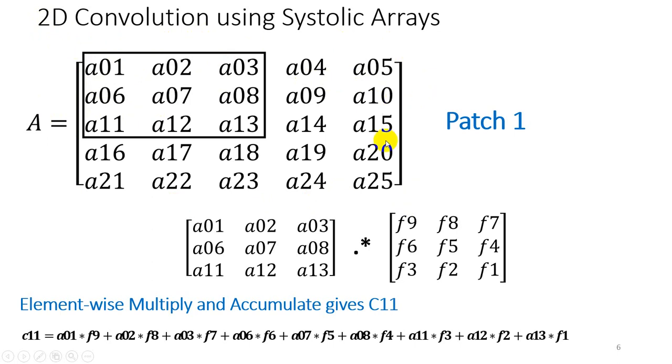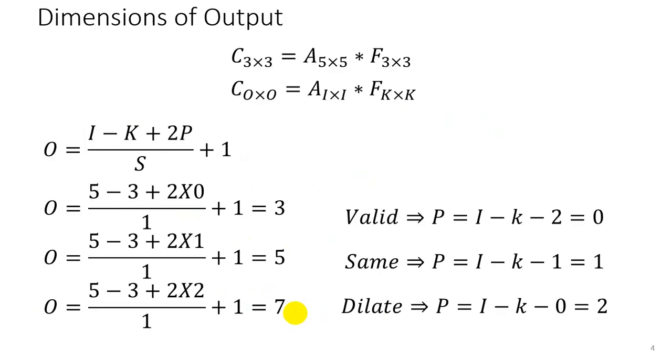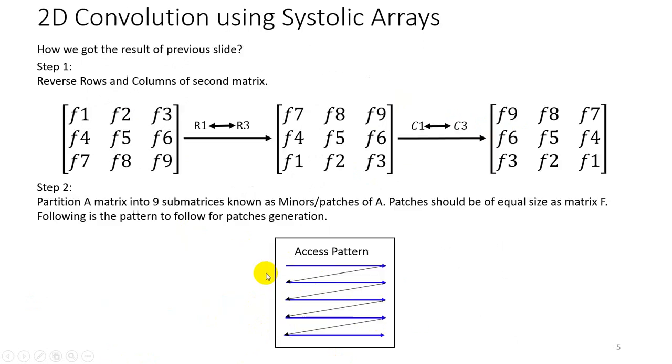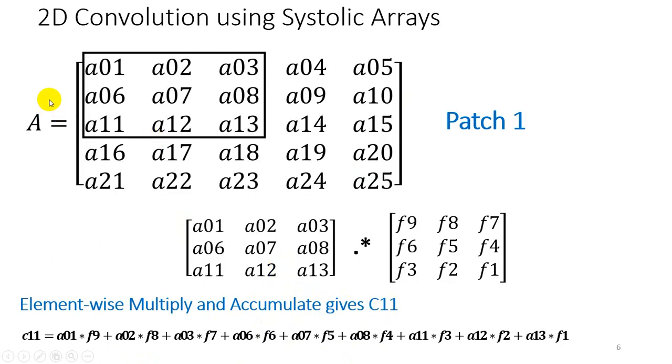In this way we will add 2 dimensions to the output, and we will get a 5 by 5 output. Similarly, in case of dilate, we will have a double layer of zeros, means we will have 2 columns of zeros here and 2 rows of zeros here, and also 2 columns of zeros, and at the bottom we will also have 2 rows of zeros.